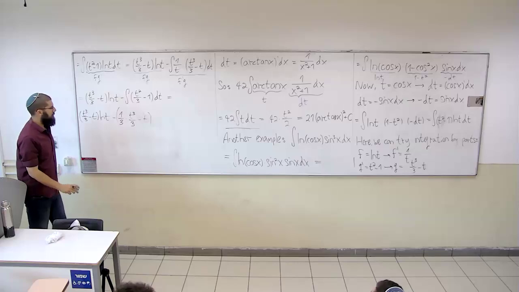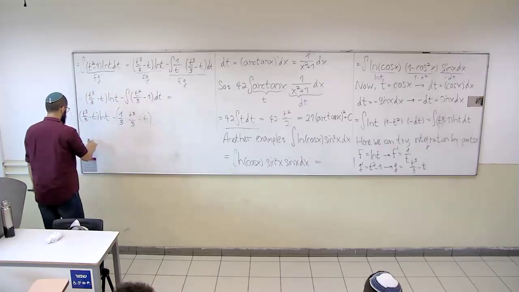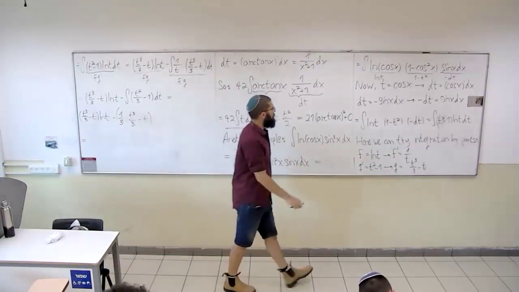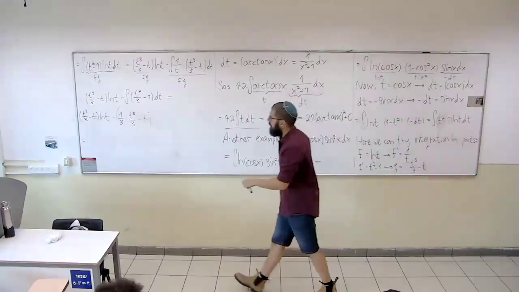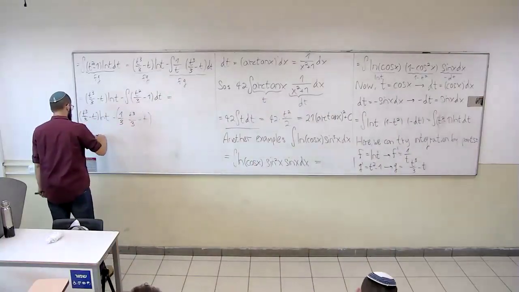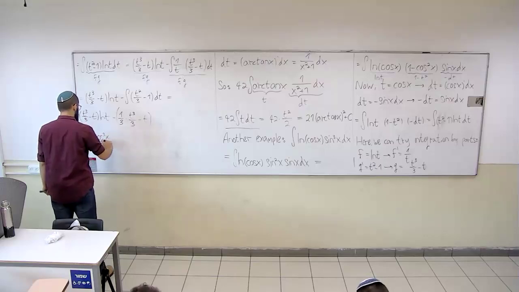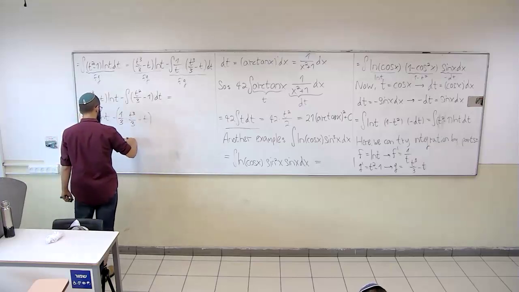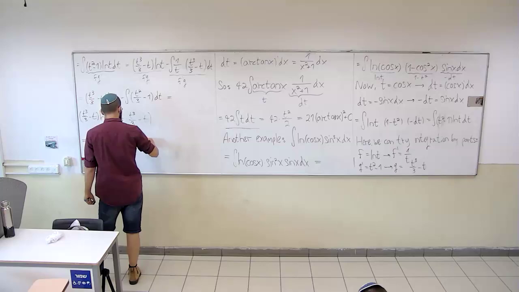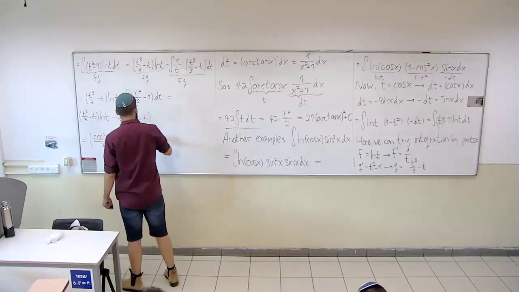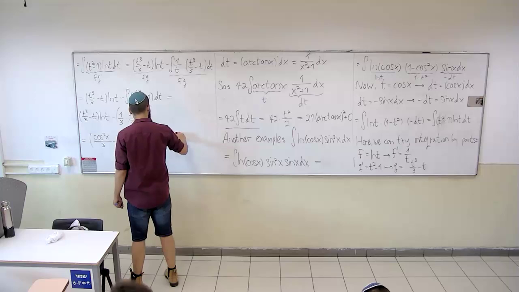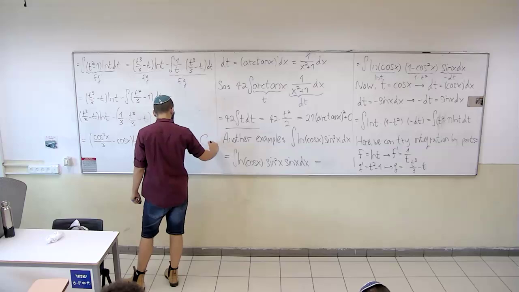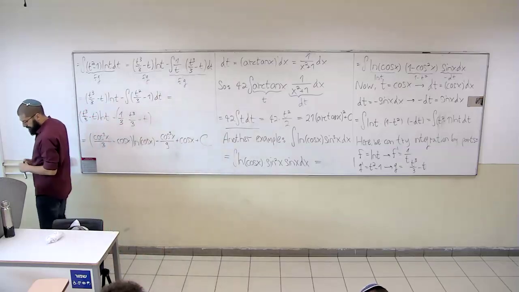And for our final bottom line, we have to get back to the original variable, which is cosine x when it comes to t. So we have cosine cubed x above 3 minus cosine x ln cosine x, minus cosine cubed x above 9 plus cosine x, and at the end of all, plus C.